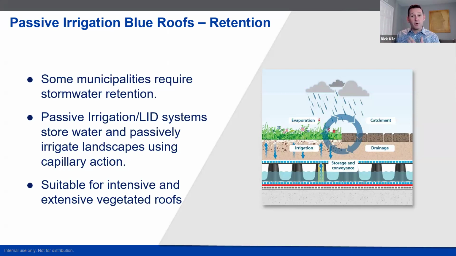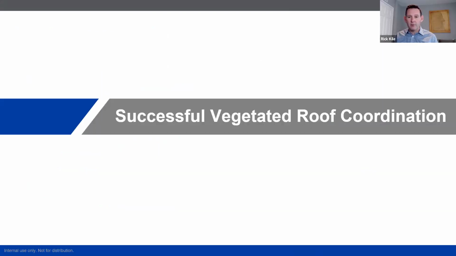The city of Los Angeles is more retention-based. As a result, we employ these passive irrigation planters on projects in the city of Los Angeles because they help meet that requirement. So again, it's about what's the requirement in the municipality, what's the requirement for the project, and then what tools can we integrate into the vegetated roof assembly to help meet that requirement.